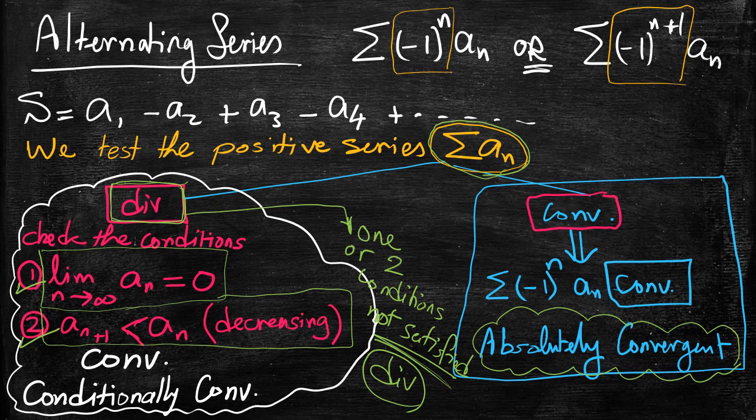And in this case, our positive series, which was already a divergent one before, will be conditionally convergent. If one of these two conditions, or for sure both of them, are not satisfied, then our series will remain divergent. So this is how we test this kind of alternating series.